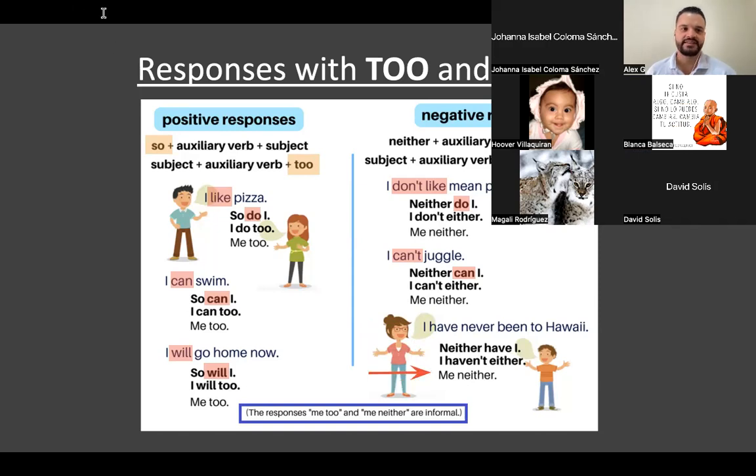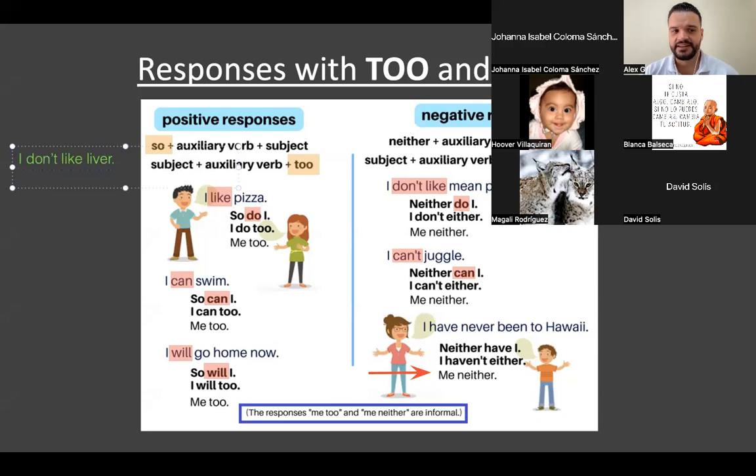So maybe we can practice. If I say, I don't, let's change that color. That's not a nice color. What about if we put green? I don't like, what's something that people don't like? I don't like liver. Do you guys know liver? Liver is hígado, okay? I don't like liver.